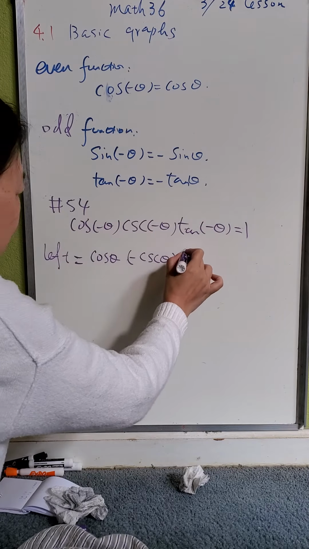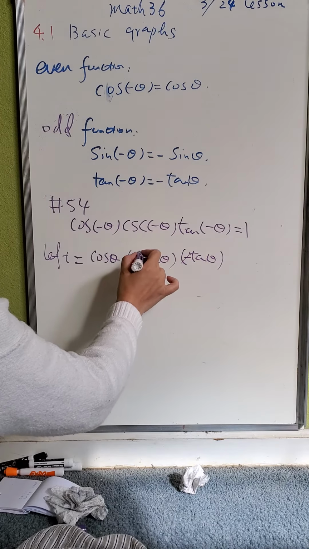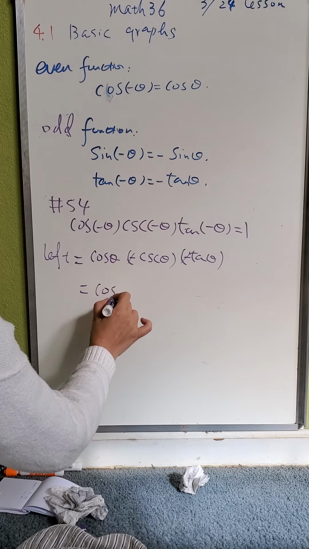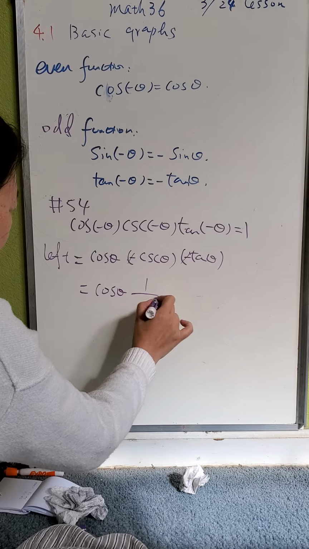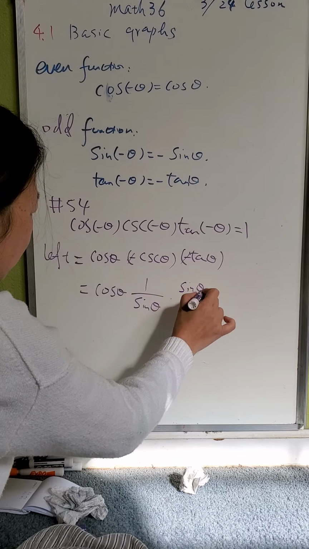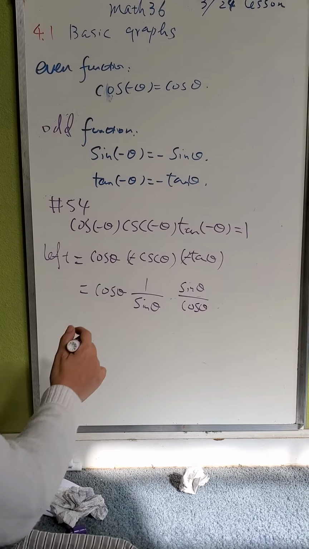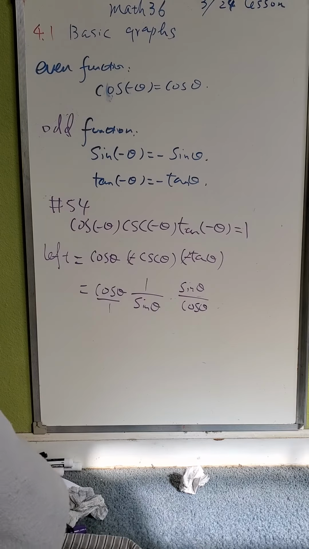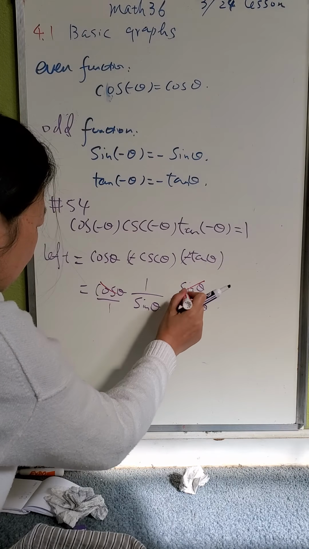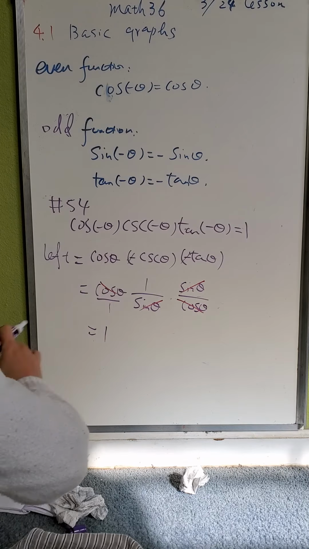Tangent just equals negative tangent theta. These two negatives become positive, and cosecant equals 1 over sine. Tangent equals sine over cosine. And now we're going to start to reduce, because this means over 1 here. So this is reduce, and we get 1. So that's what we want to prove.